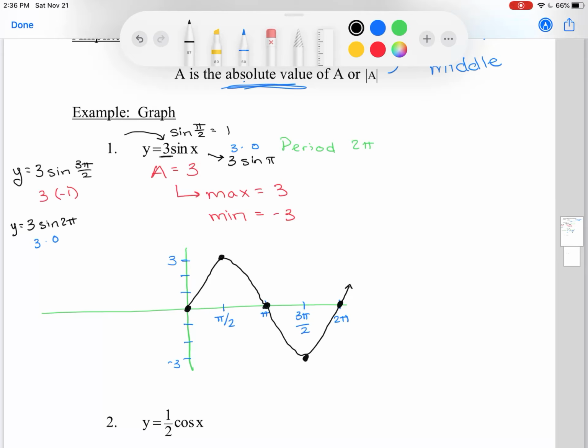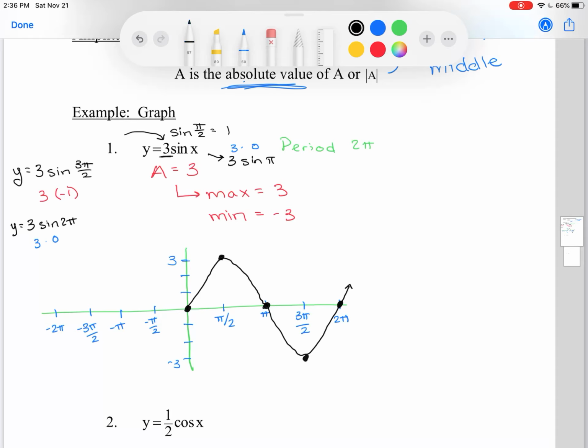So you'll notice if you take a look at the first graph we did at the very beginning of these notes, compared to this graph, they're the exact same points, except now instead of ones and -1s, I'm going to have a 3 and a -3. So I go ahead and make my lines and of course draw arrows to signal that you're going to keep going. Now this is only one period.